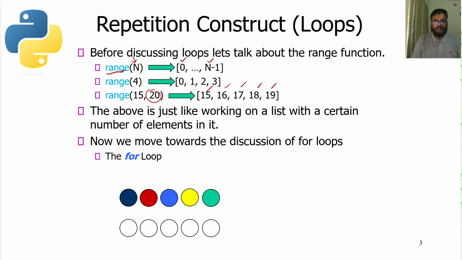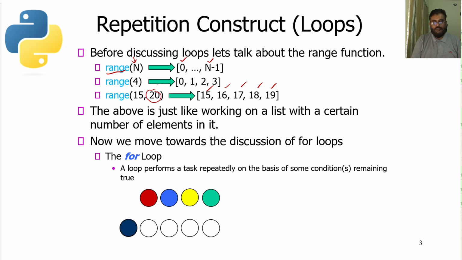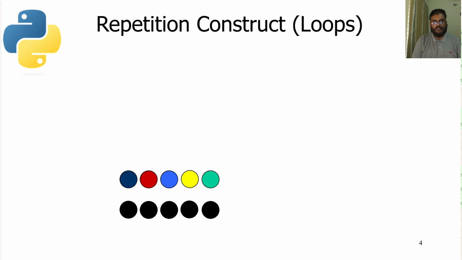So generally you have to give some starting condition and a terminating condition. A loop performs a task repeatedly on the basis of some condition remaining true. For example, if I want to fill these blank circles with some color, I can keep repeating until I have some color elements available and I have space available in the blank circle. So this was just a concept of how we can repeat certain things.